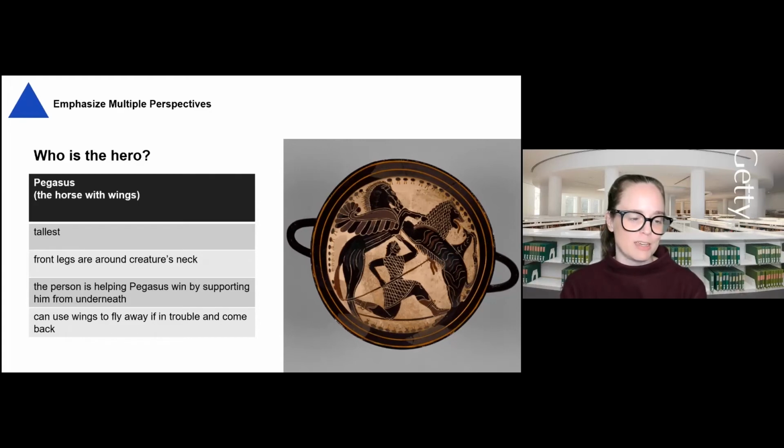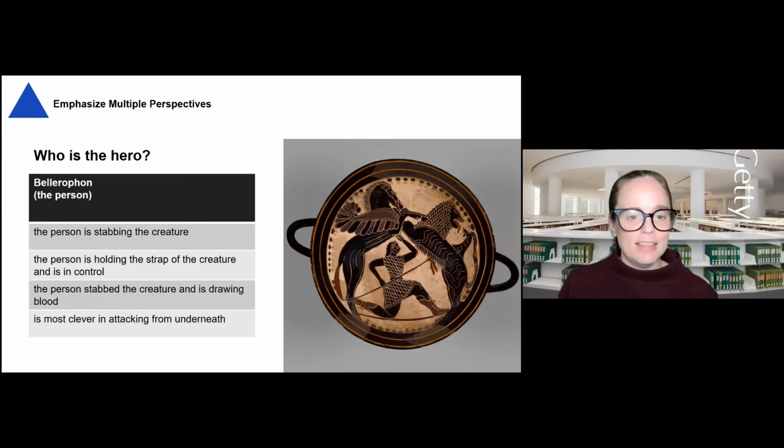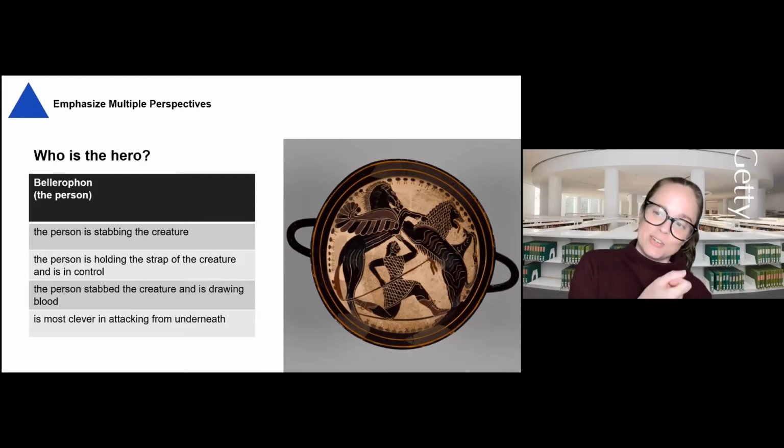Another reason might be, Pegasus can use the wings that he has to fly away. He has an advantage over the other 2 figures because he can fly. And then if we look at Bellerophon, he might be the hero because he's the one actually stabbing the creature.